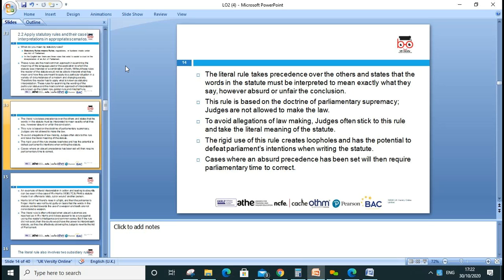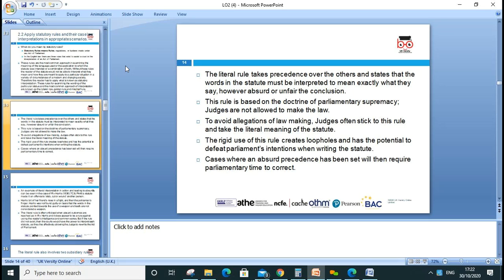The rule is based on the doctrine of parliamentary supremacy, and judges are not allowed to make the law. They have to follow whatever was said in the act of parliament. To avoid the allegation of law making, judges often stick to this rule and take the literal meaning of the statute.